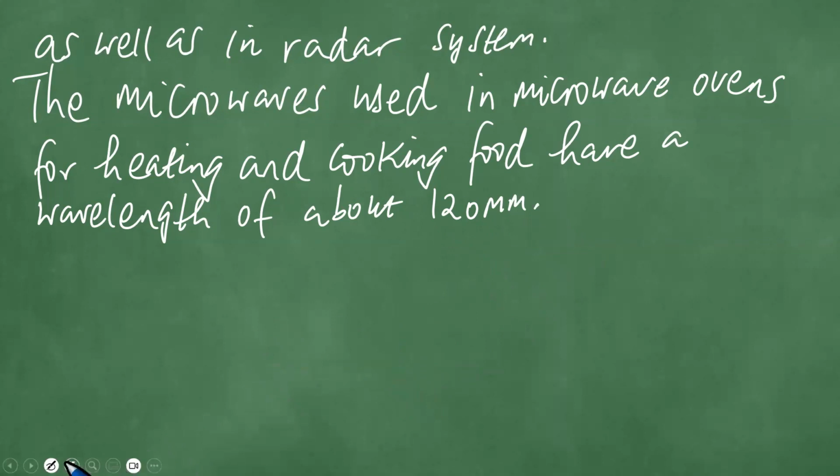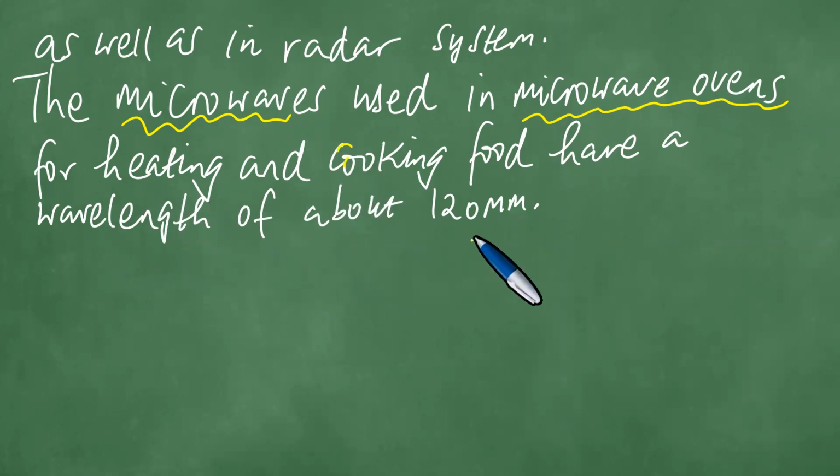Okay, now we're speaking about the cooking that we do. So there are certain microwaves that are used in the microwave ovens. The microwaves are under radio waves. But the microwaves that are used in the ovens, in the kitchens for heating and cooking food, have a wavelength of about 120 millimeters.